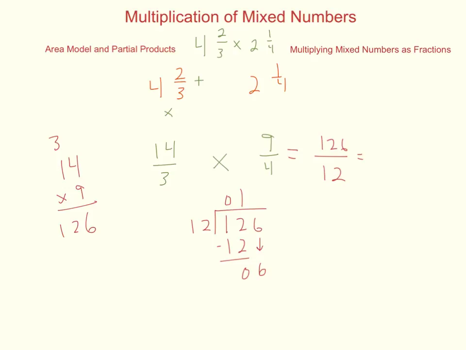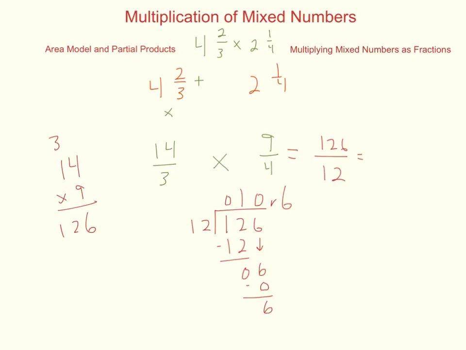And then we go back through the process again, divide. There are no groups of 12 in 6. So put a 0 up here. 0 times 12 is 0. We subtract. 6 minus 0 is 6. 6 is less than 12. There's no more numbers to bring down, so our remainder is 6.